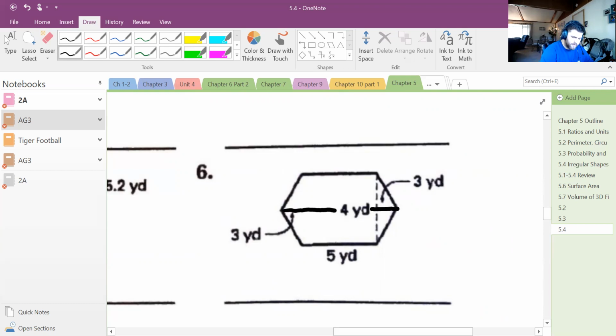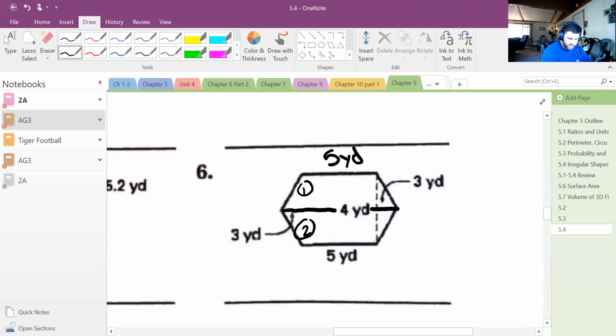I know if this is 5 yards, well, that's going to be 5 yards. Okay, and I know my total bottom base for both these, it's my top base for the bottom trapezoid, and it's the bottom base for my top trapezoid. I need to figure out that total length.